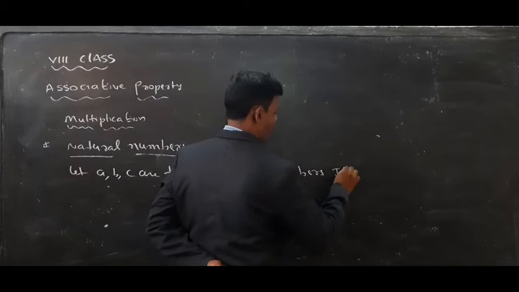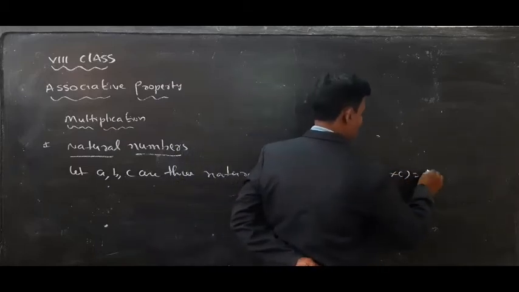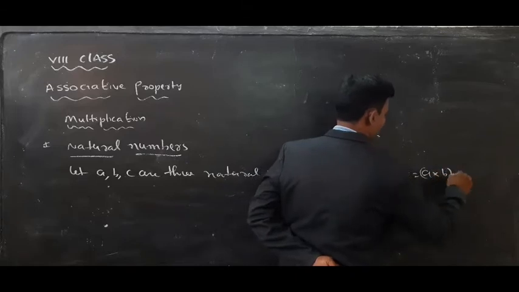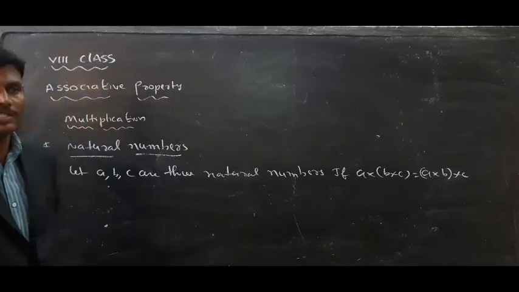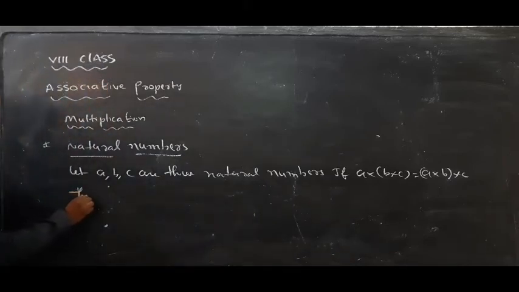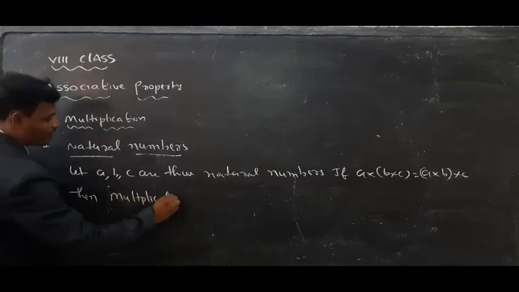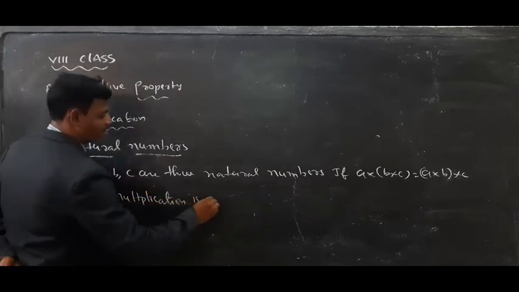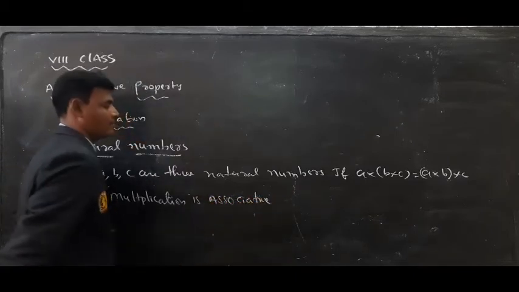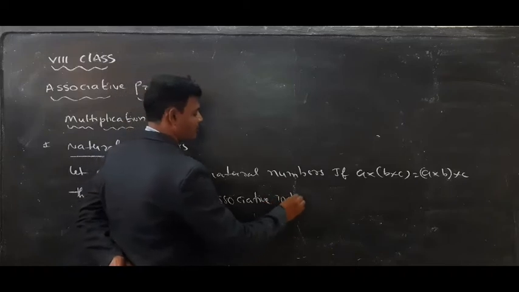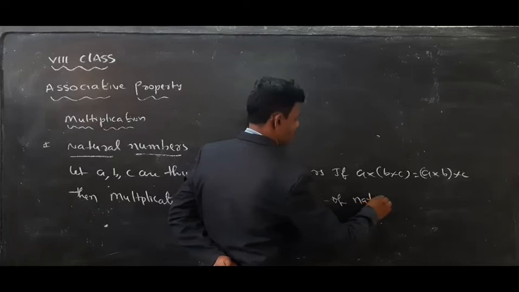If (a × b) × c is equal to a × (b × c), then multiplication is associative in the set of natural numbers.